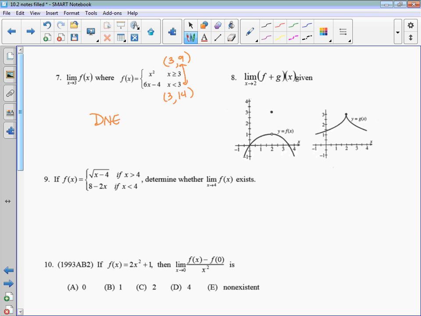All right, so number 8, find the limit of f plus g of x when x approaches 2. So this is one of your properties. What you need to do is find the limit of f of x as x approaches 2 plus the limit of g of x as x approaches 2. So you've got two graphs here, your f of x graph and your g of x graph. So what is the limit of f of x as x approaches 2?